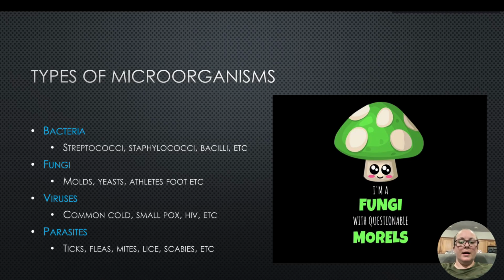You have your fungi: molds, yeast, athlete's foot, etc. Viruses, that would be the common cold, smallpox, HIV, and so on. Then you have your animal parasites: ticks, fleas, mites, lice, scabies, and the list goes on. So this should all be a review for you guys.